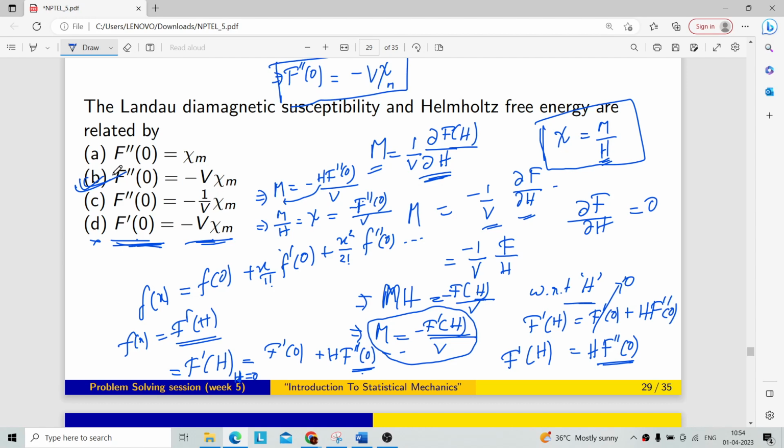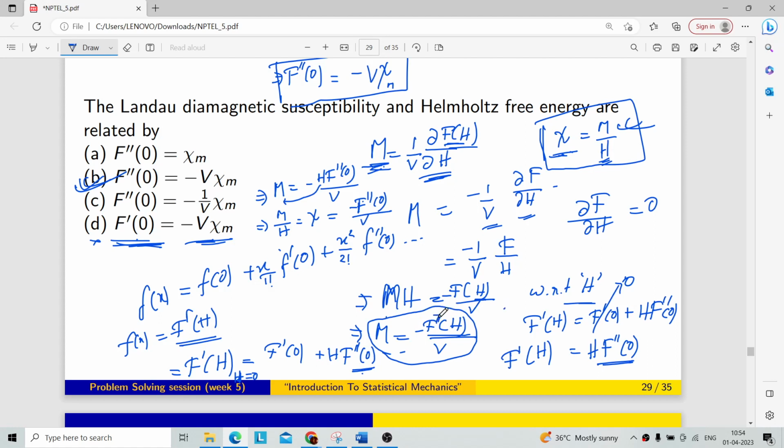Did you understand this, right? Any questions on this? We started from the simple definition of magnetization. Then we defined susceptibility in terms of magnetization. Then we saw that there is no F term in the answer, so we need to take the derivative on the F. We took the derivative with respect to H on both sides.